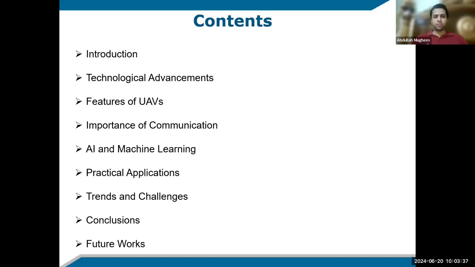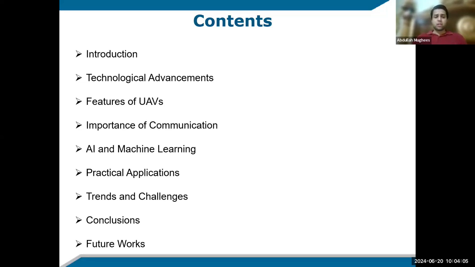We'll explore some of its features, and then we'll go ahead and see the importance of communication, how drones and the structure cannot exist without a proper robust communication system. And then we go ahead and look into some of the latest trends, that is the AI and artificial intelligence, AI and the machine learning, and how they are being integrated into these drones, and what is the expected outcome and what we have achieved so far.